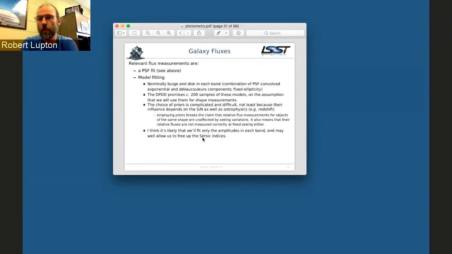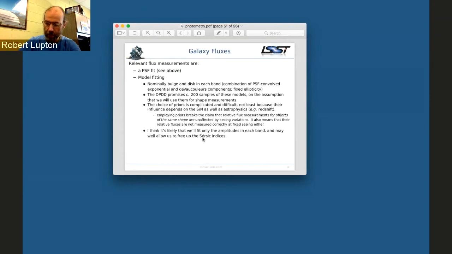It's not true when you have a metallicity gradient in an elliptical galaxy, so you're bluer in the outer parts. But to leading order, I think it's true that you can think of color gradients in galaxies being combinations of components with well-defined colors. That makes the whole question of what you do about seeing corrections tractable. It makes a deblender tractable.